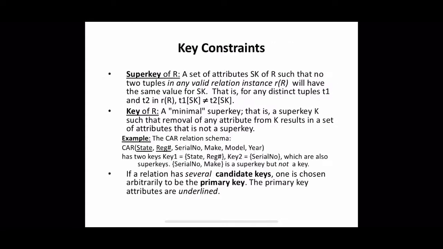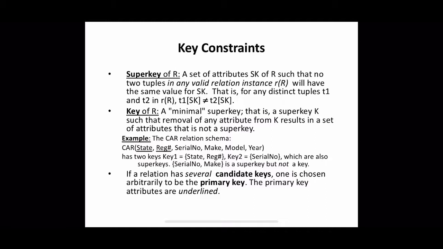Now coming to the first one, that is key constraints. From the formal definition, a relation is defined as a set of tuples, right? Set means there is no duplicate element. So definitely each and every tuple in a relation will be unique in some way. Obviously some of the attribute values will be the same for more than one tuple, but any two tuples we take will never have the same combination of values for all their attributes.